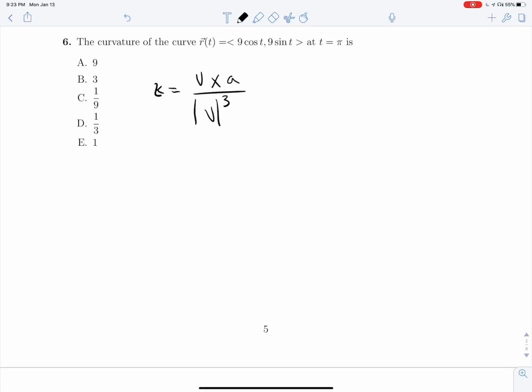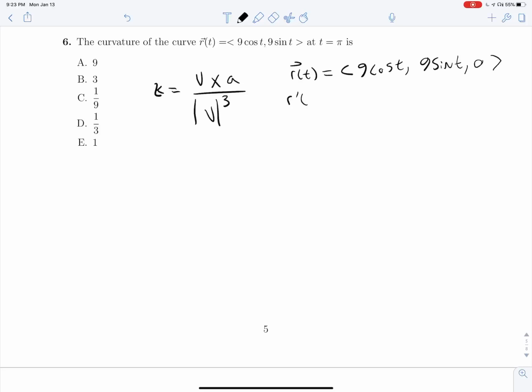But really, all we have to do to put this into 3 dimensions is to say that r of t is 9 cosine t, 9 sine t, 0. And so that's expanding our view into 3 dimensions without actually changing what's going on.